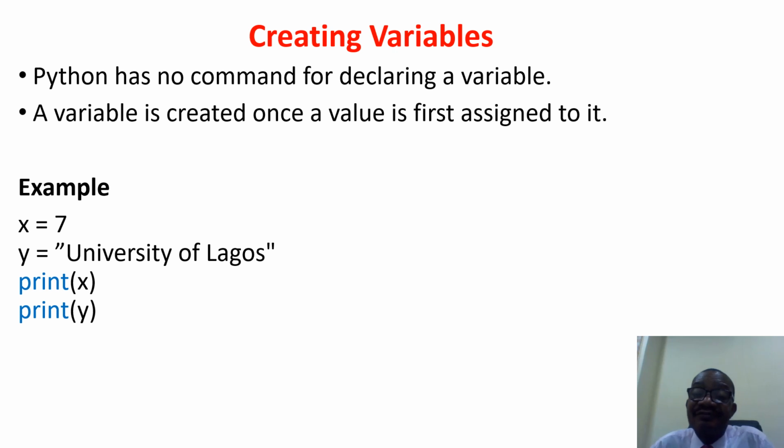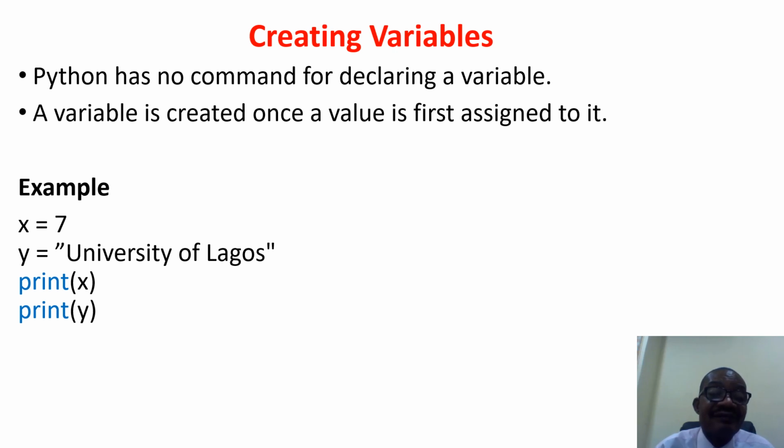Python has no particular command for creating a variable. By just assigning a value to a variable, you have created a variable in Python. It is quite different from creating a variable in other programming languages like Java, where you need to first of all create the variable before using it. So take for example, here we have x is equal to 7. We have created the variable x. So the value of x is 7. y is equal to inverted commas University of Lagos. You have created a variable y.